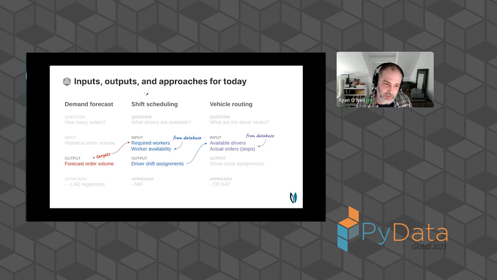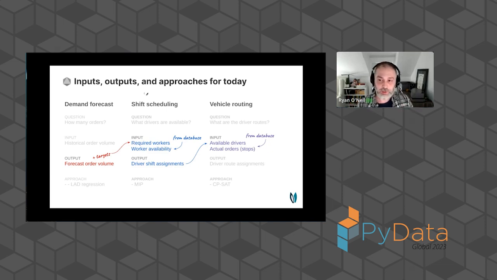So in a production environment, this is how these three things typically work together. We typically forecast some sort of demand, and that combined with targets produces actual scheduling targets that we need to hit. For example, our forecast might tell us we're going to have 50 deliveries to do between 2 and 4 p.m. on Friday.